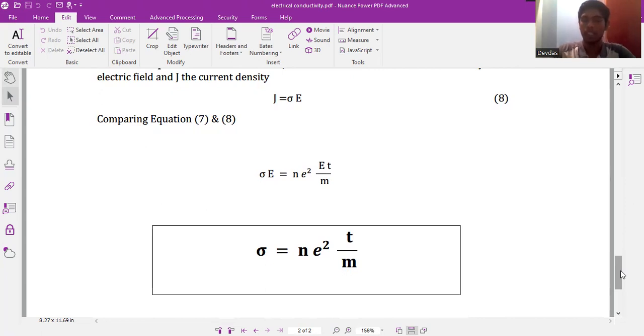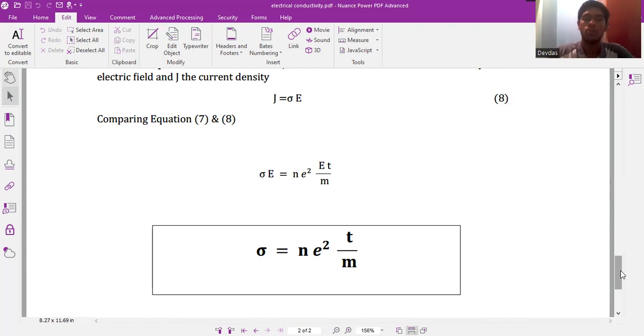Now cancelling the electric field on both sides, we get sigma equal to n e square t by m. This is the final formula for electrical conductivity. The general formula is n e square tau by m, where tau is the relaxation time. In this derivation, we have used small t instead of tau, but the derivation and the formula are the same except for the representation.